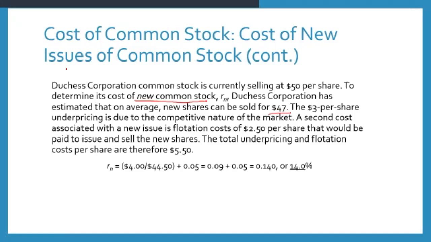The $3 per share underpricing is due to the competitive nature of the market. A second cost associated with a new issue is flotation costs, which is $2.50 per share. That will be paid to issue or sell the new shares. The total underpricing plus flotation is $5.50. So that's the $3 plus $2.50, $5.50.